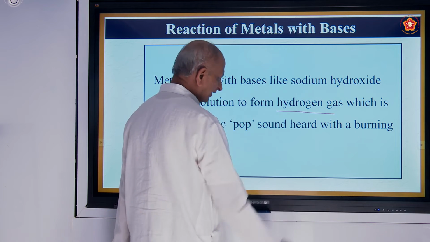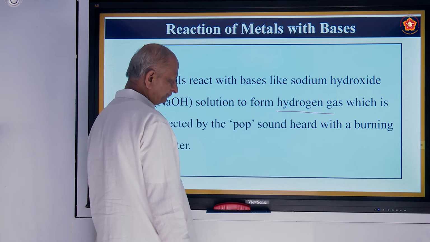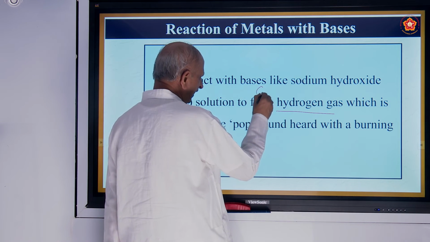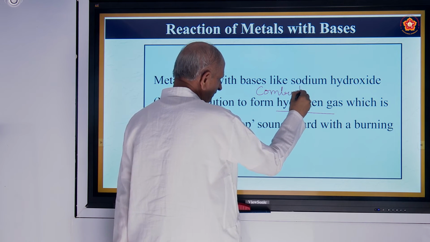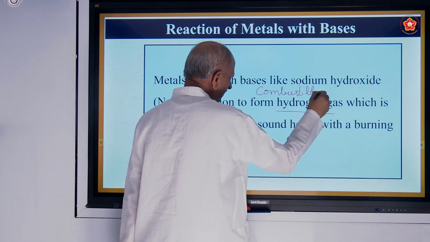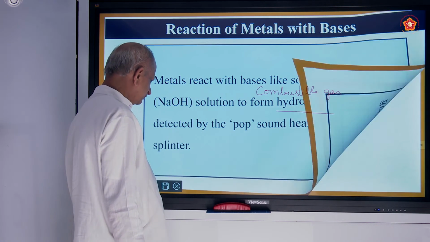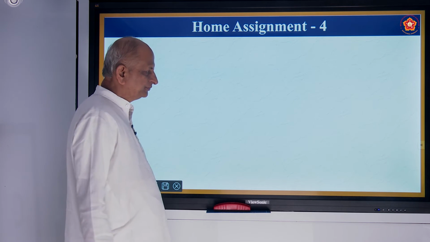You get hydrogen gas. What kind of gas is it? It is a combustible gas. How do you know? Because it catches fire of its own accord. Okay? So it is a combustible gas.